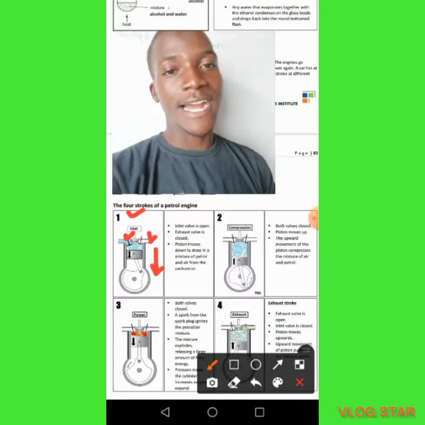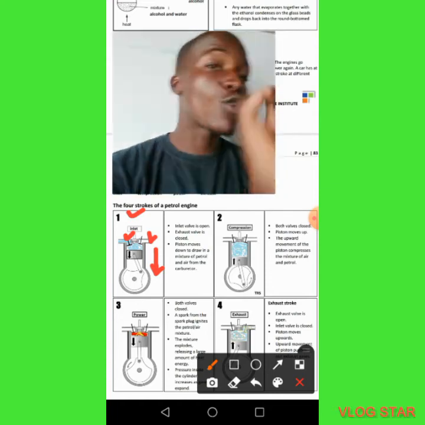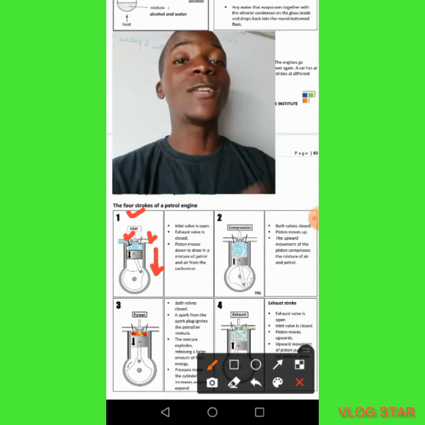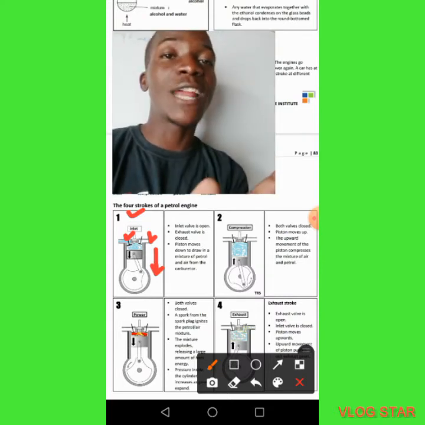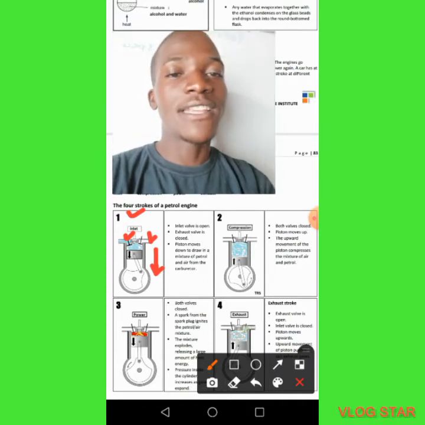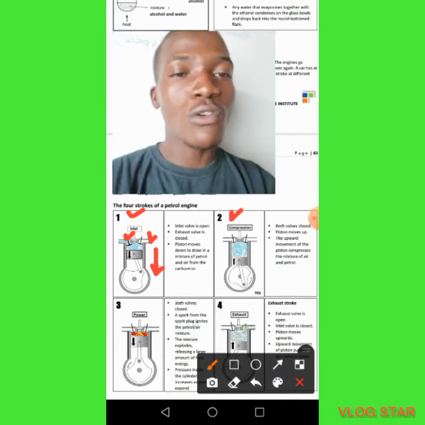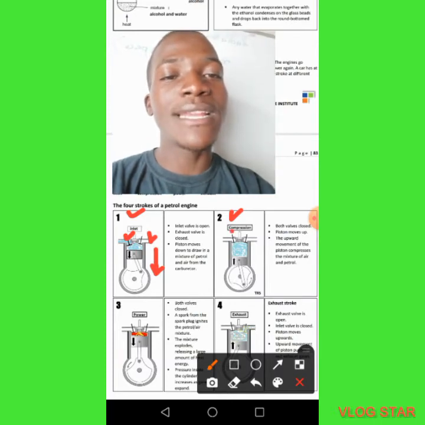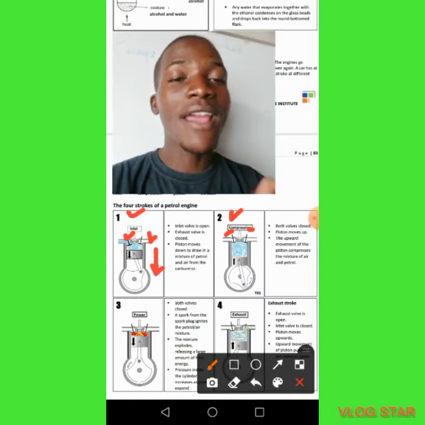After that we go to the second stroke, called compression. Why is it called compression? Because the petrol air mixture that has entered through the inlet valve is being compressed. So this is number 2, the compression stroke. We see that both the inlet and exhaust valves are closed. Why are they closed?